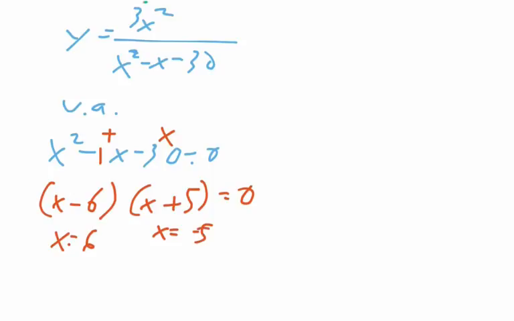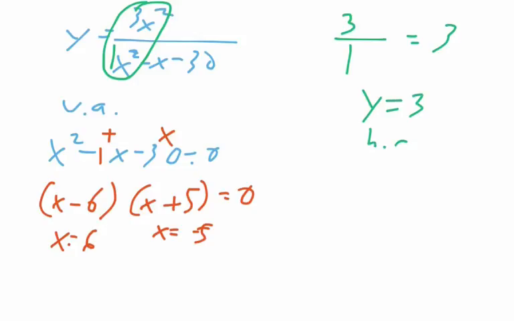Now for the other part, both of these have x squareds. In the numerator, it's a 3, and in the denominator, there's a 1 in front of the x squared. So y equals 3 will be my horizontal asymptote.